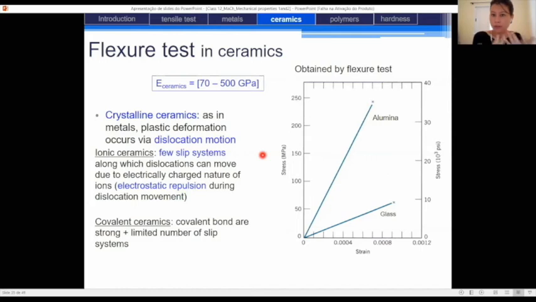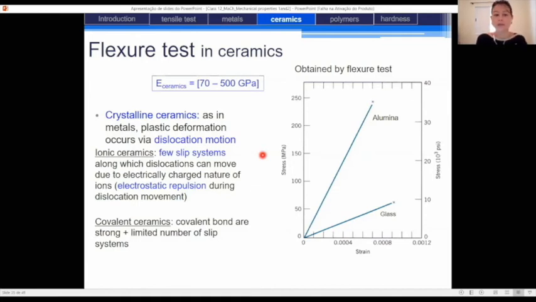This is not favorable because we have an electrostatic repulsion between these charged species, which makes the number of slip systems really limited in ionic ceramics. Let's remember, in metals we do not have charged atoms. We have neutral atoms. That's why the number of slip systems in metals is much higher than in ionic ceramics.